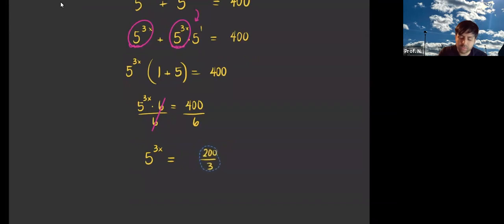How do I make the x no longer an exponent? What do I do on both sides of the equation? Apply log. Right. And again, I can apply any log base. So for now, let me just apply ln, base e.